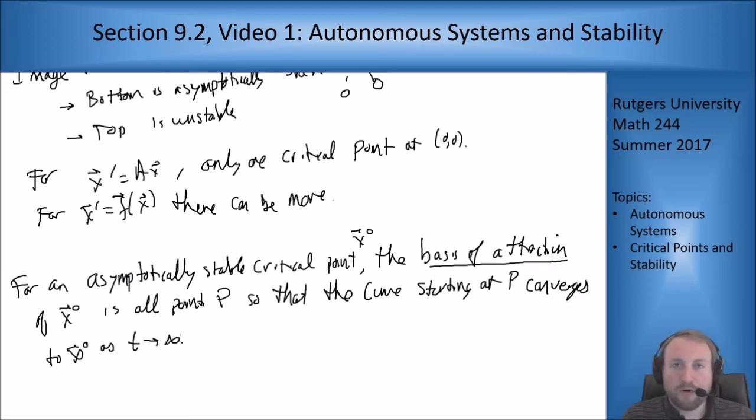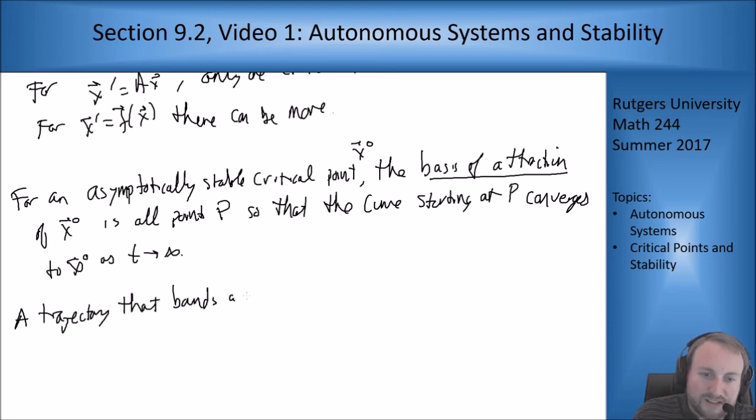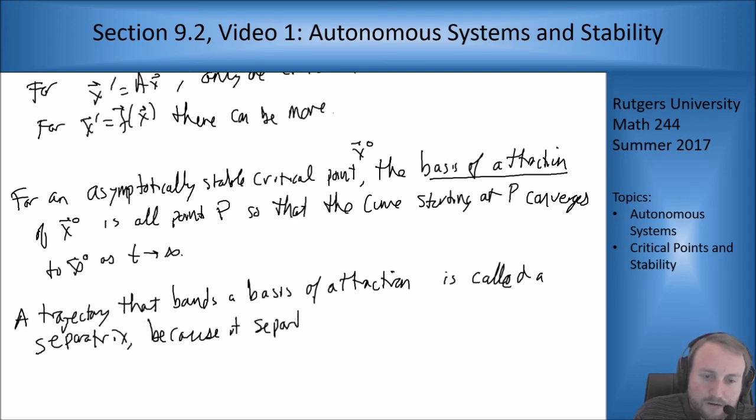So I'm looking at all points in the plane where if I start there and start my solution flowing, it's going to run to x0 as time goes on. And the last definition for this is a trajectory that bounds a basin of attraction, so one that's on the edge of it, is called a separatrix because it separates solutions that converge to x0 and ones that don't.